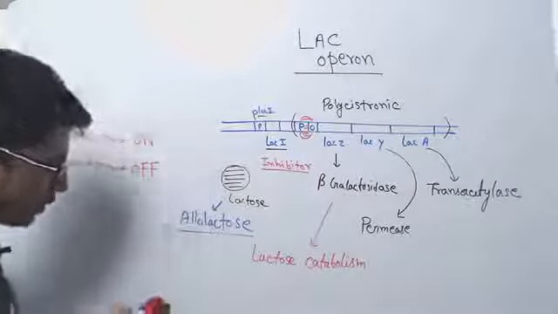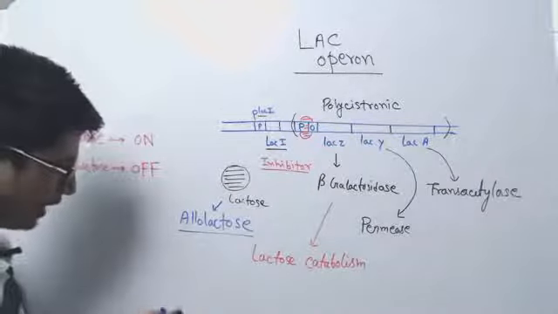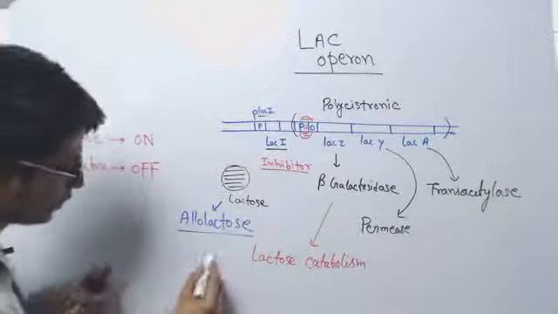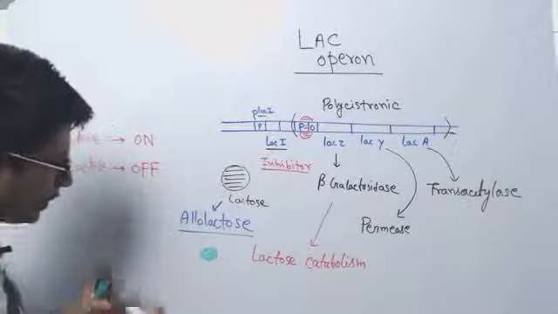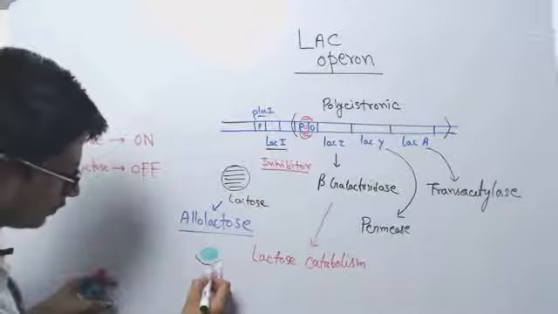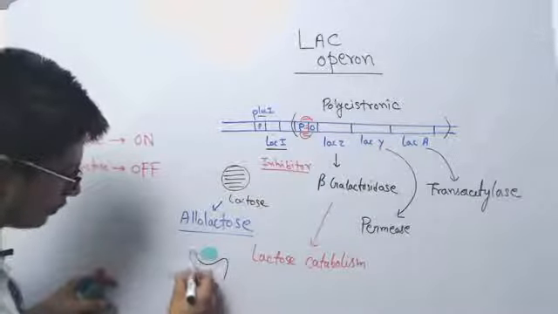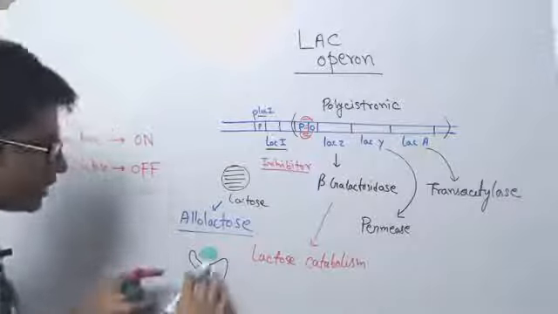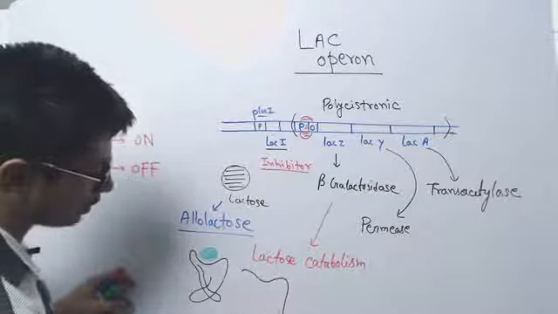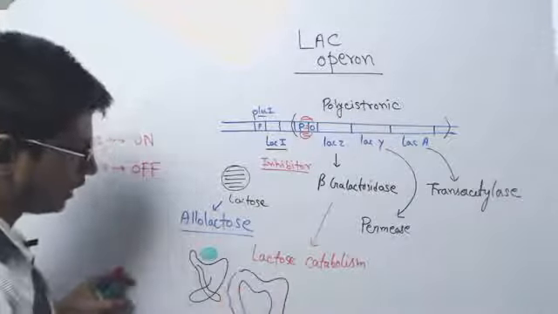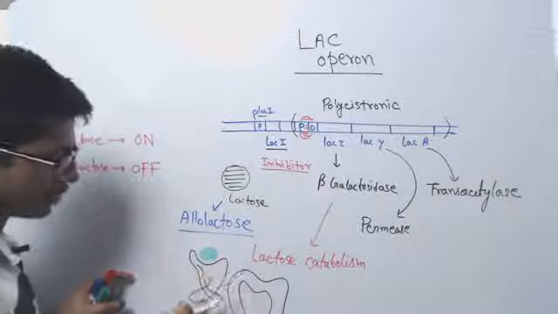So what happens, let me draw the allolactose. Let's say this is the lactose. When it attaches to the inhibitor, let's say the inhibitor structure is changed. Normally, let's say the inhibitor structure is something like this. Upon binding with the allolactose, the structure is changed.